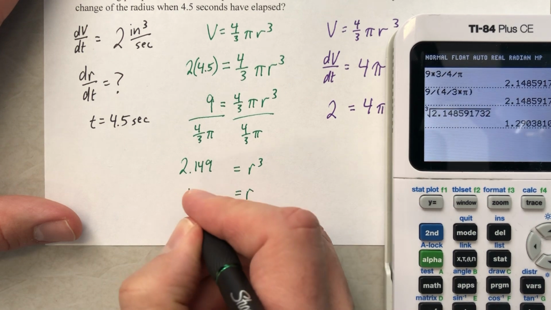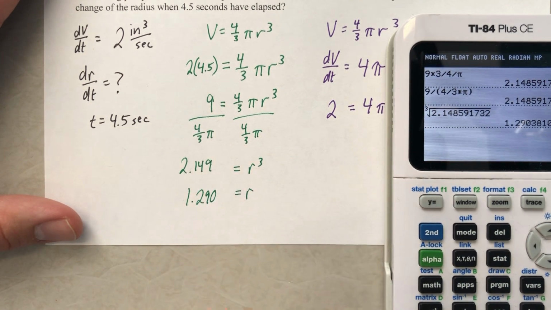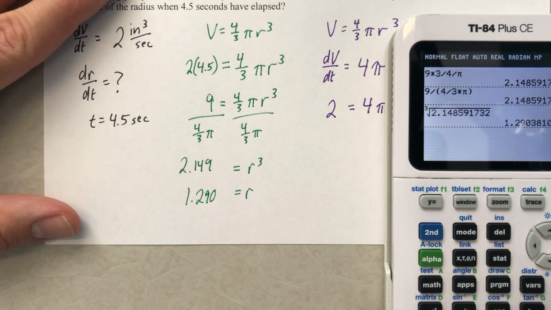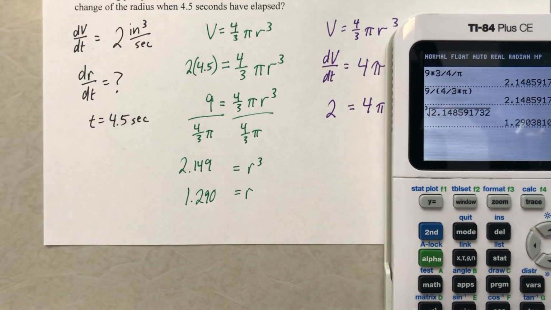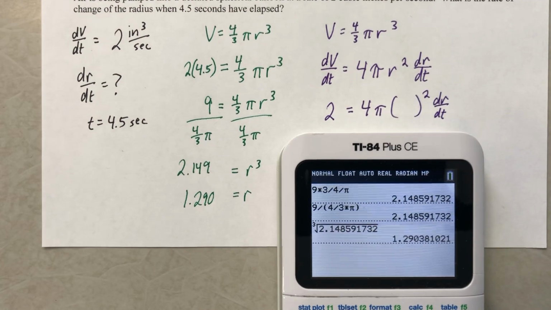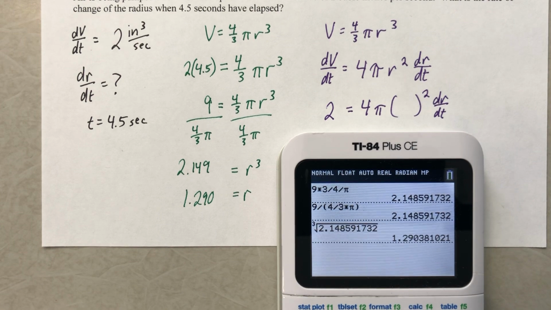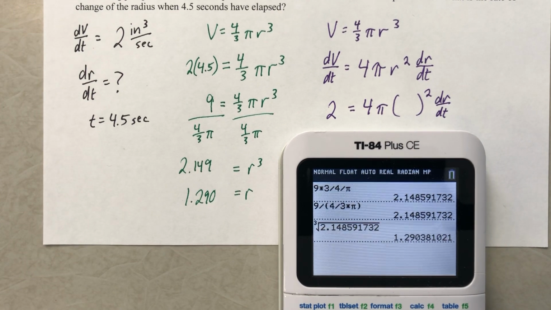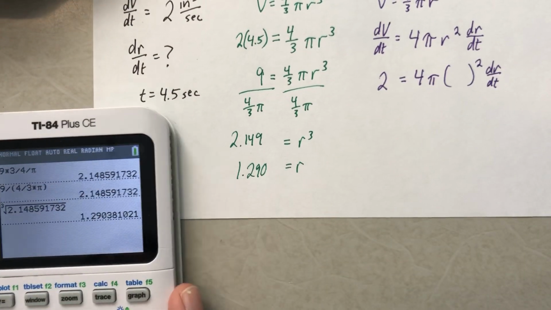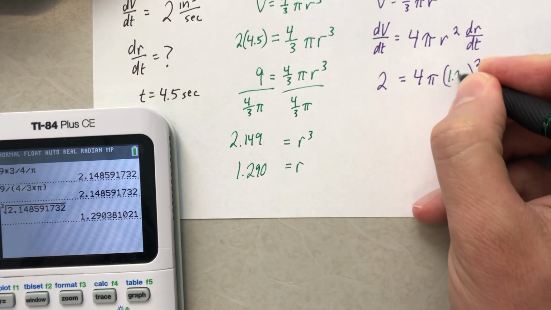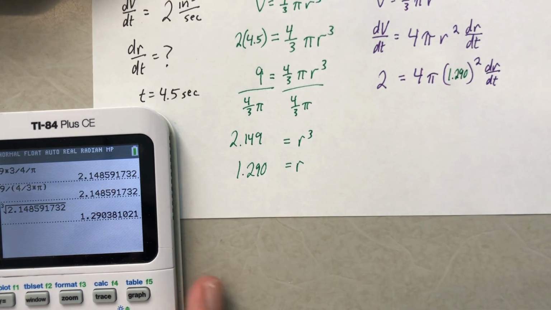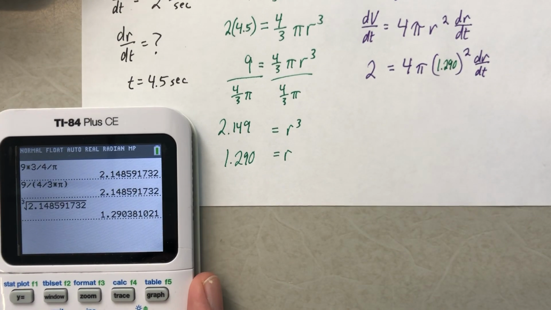But I'm not going to use 1.290. I'm not going to officially round what I'm doing until I'm done, because I'll lose accuracy in the process. So even though I'll put in green 1.290 here, I'm not going to use 1.290.